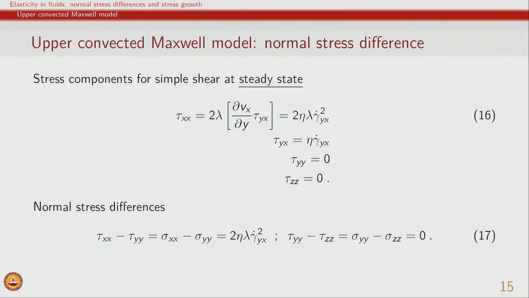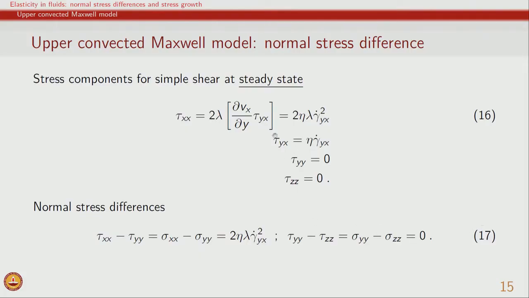So, just the way we define a material function, which is the stress divided by strain rate, in this case also we could define a material function, which is 2 eta lambda, if we divide tau xx by gamma dot yx squared.